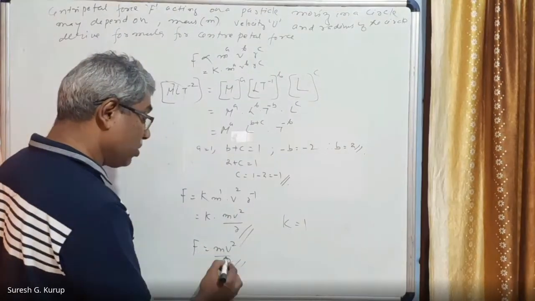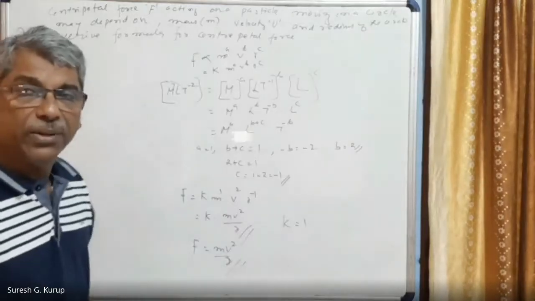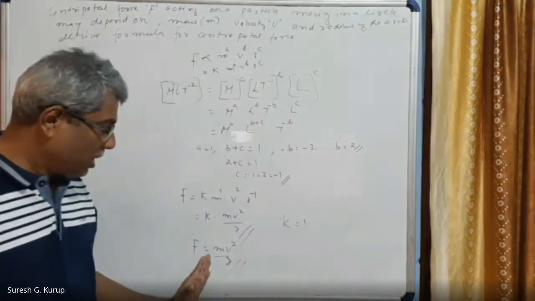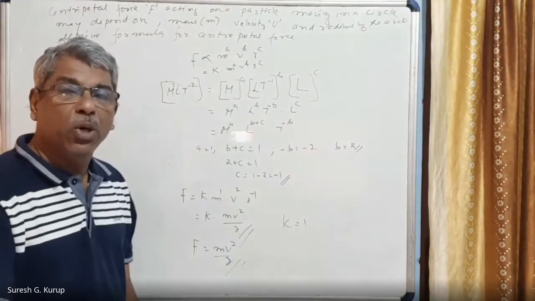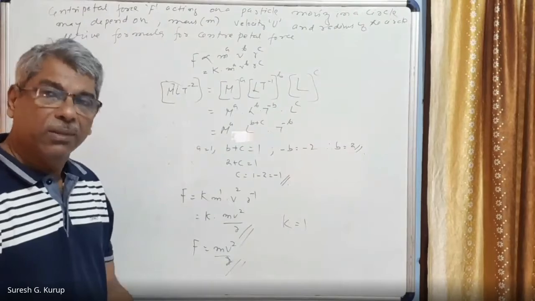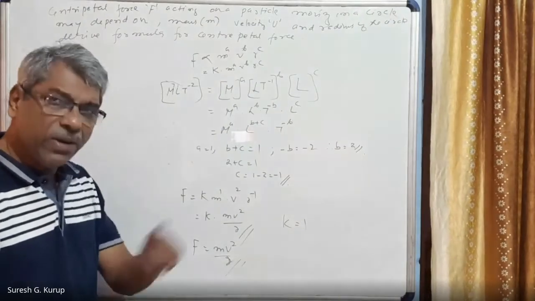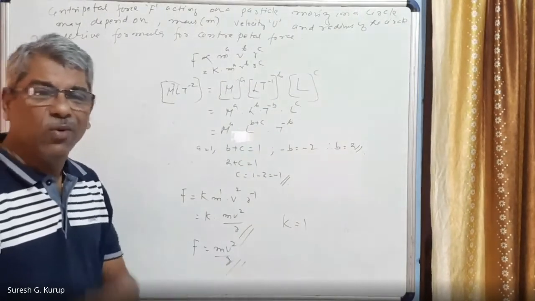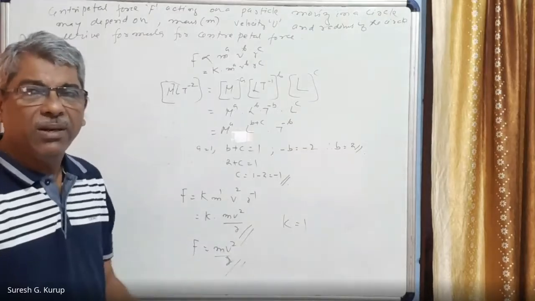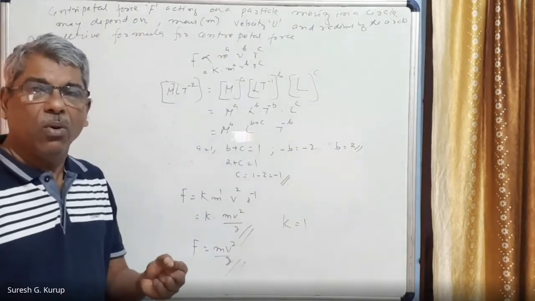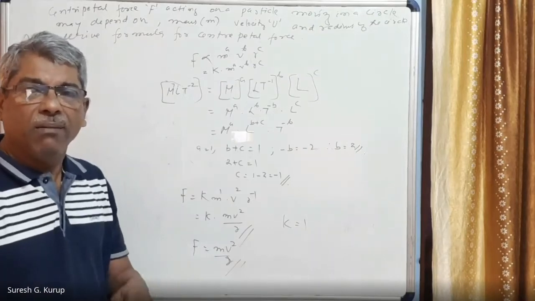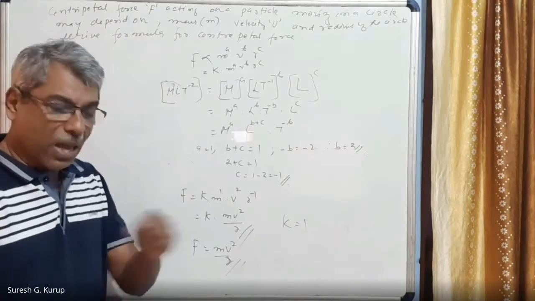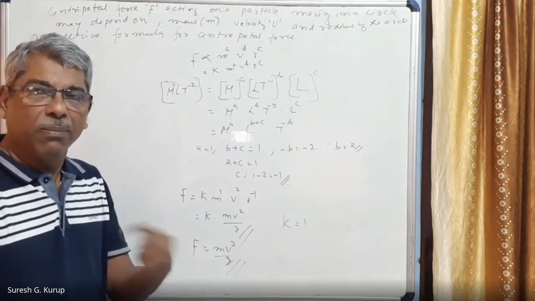In the later stage, when you study physics in class 11, you will find this relation. This is a very important relation. It is the centripetal force acting on a body which is moving in a circular path around another body. You hold one end of a string and at the other end a body is tied up and it is rotated in a circular path.